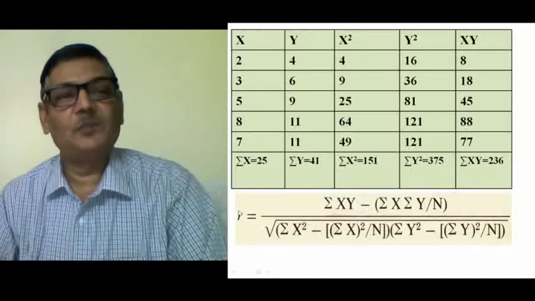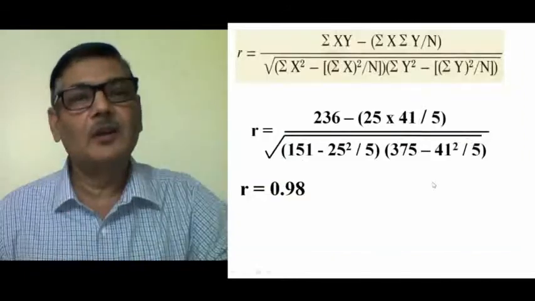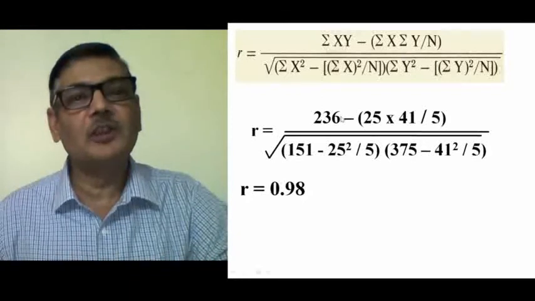This is actually Pearson's correlation coefficient because this is one of the popular methods to calculate correlation. Now here simply the values have been put in the formula. 236 is actually sum of xy minus 25 into 41, that is sum of x and sum of y. These two values have been multiplied and they are divided by the total number of observations, that is 5.